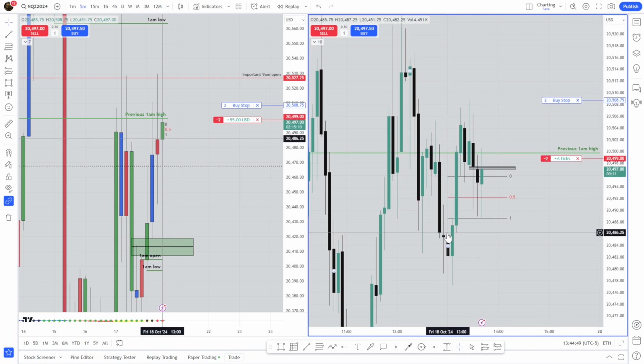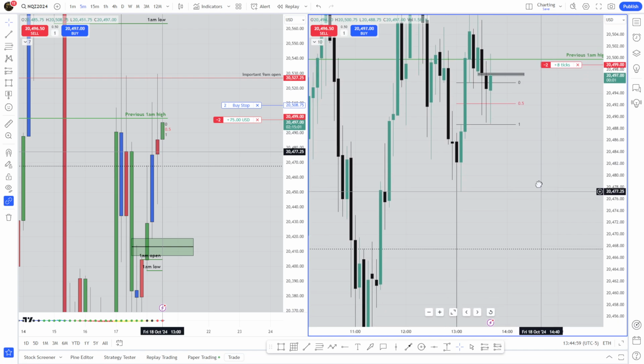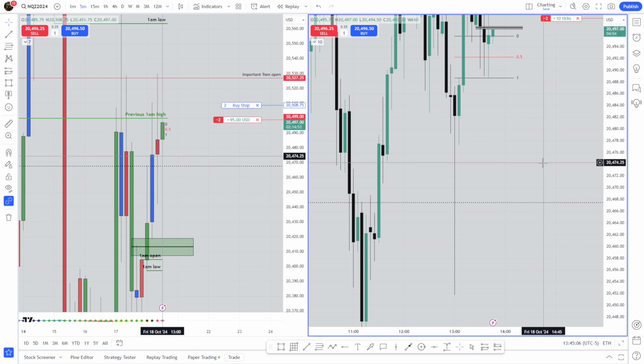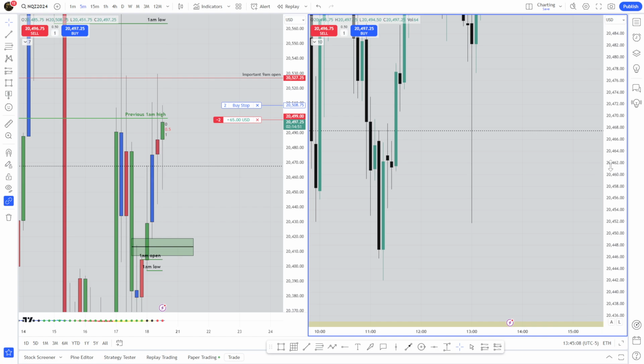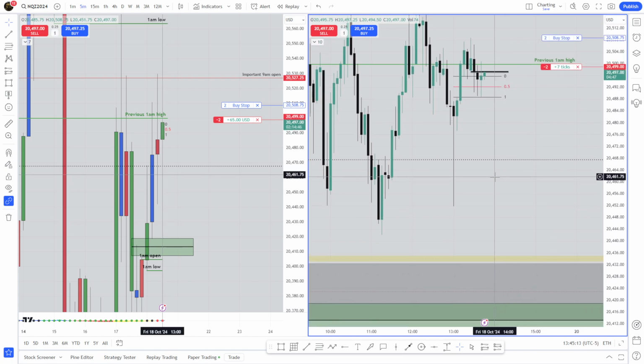We have a couple gaps down here where we don't have down close candles through. A couple down here as well. All right, so now we got a couple candle bodies that barely got into the fair value gap.